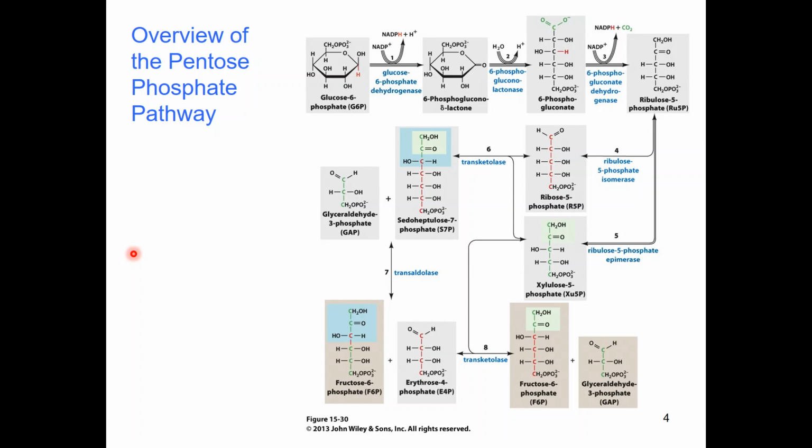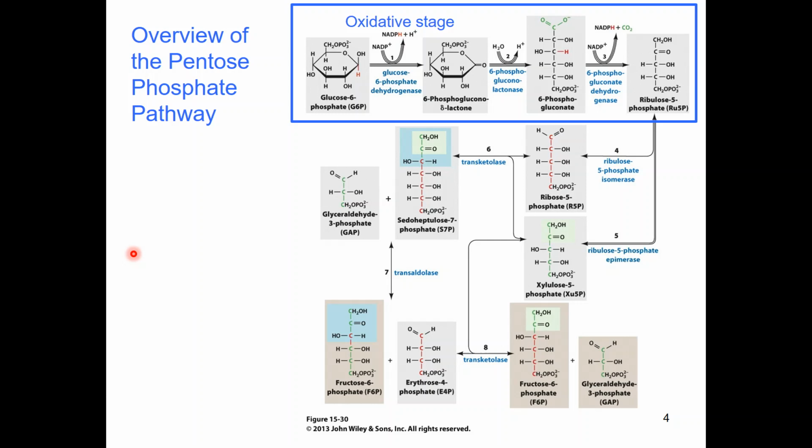Similarly, for the pentose phosphate pathway, we can split it into an oxidative stage, and by its name we can tell that this is where all the oxidation reactions will happen, right? All NADPH which is produced in the course of the pentose phosphate pathway is produced during this oxidative stage, which includes the first 3 steps of the pathway.